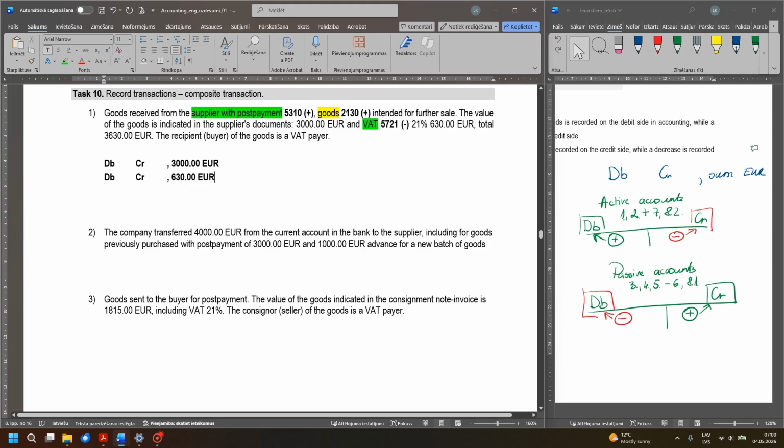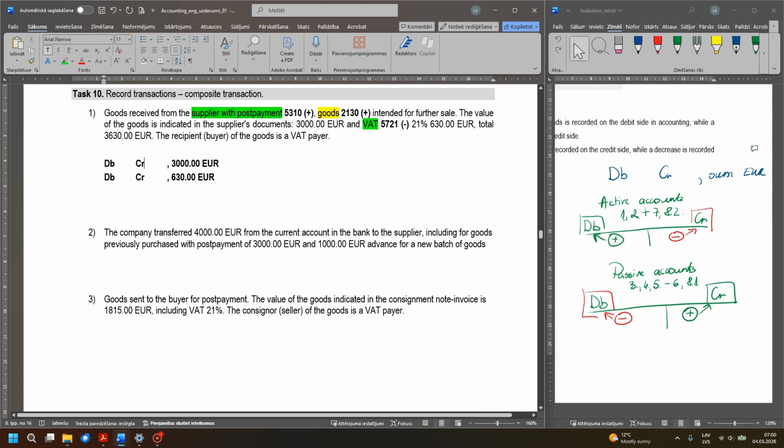So, to the supplier, we need to pay in total for the goods 3,630. That means I need to pay the value without VAT and VAT. And if my liabilities increase, that means account 5310 I will put on the credit side.